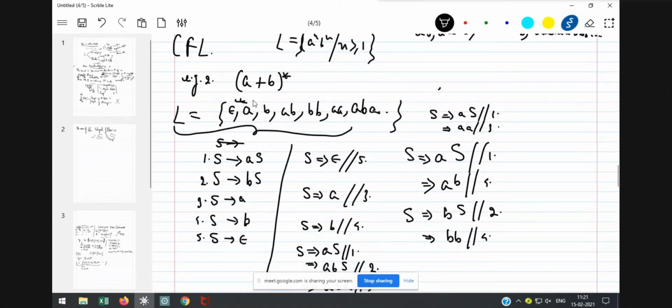The question being asked is to construct the context-free grammar for the given regular expression. I should not write the context-free grammar in this manner. If in an exam I am asked a proper question like construct a context-free grammar for a given language or a regular expression, then I should specify all the non-terminals, terminals, productions, and the start symbol very clearly.